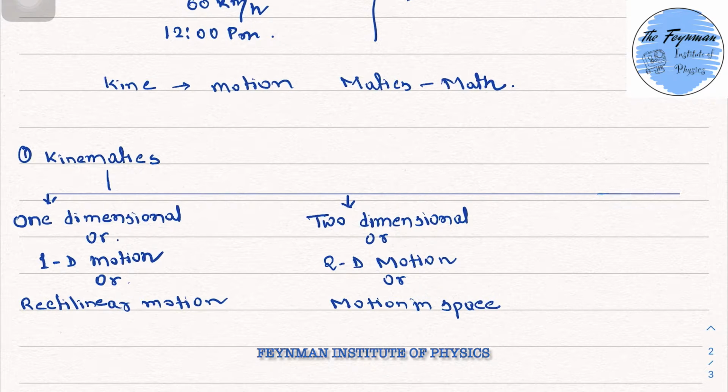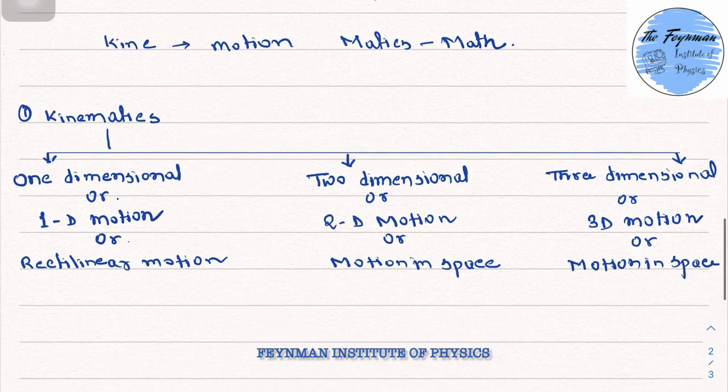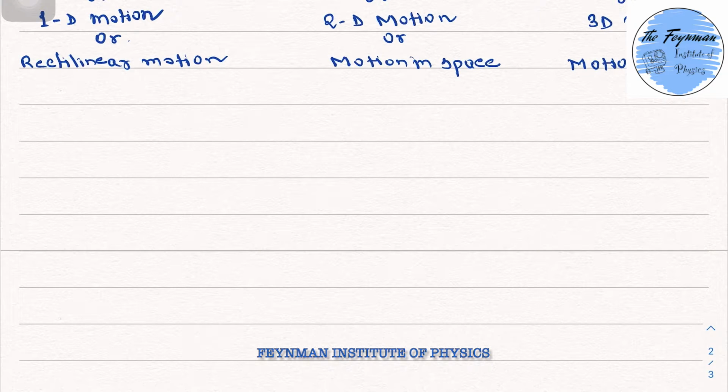Now the third chapter will be three-dimensional motion or 3D motion or motion in space. However, for motion in space, we will only deal with its numerical problems.